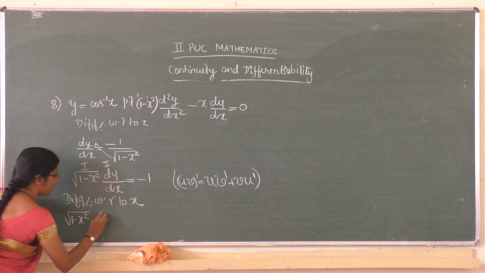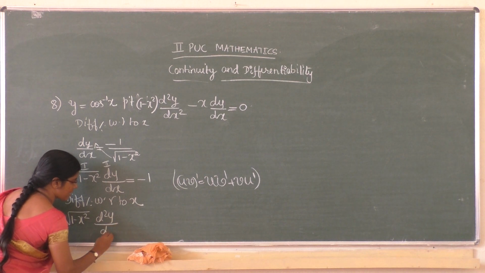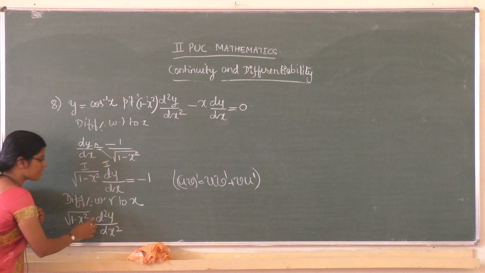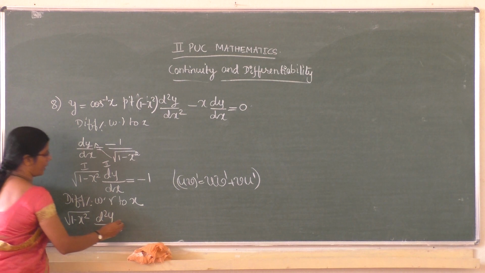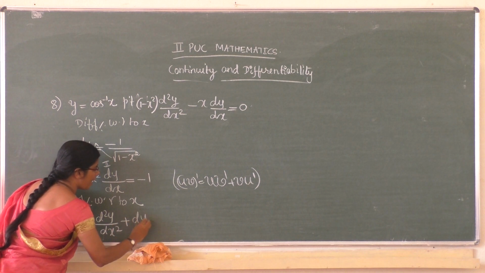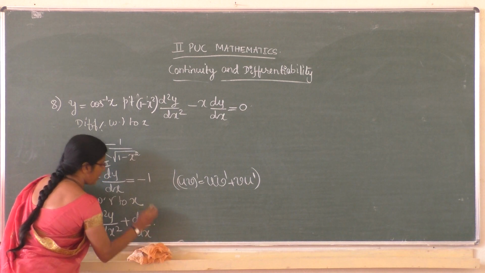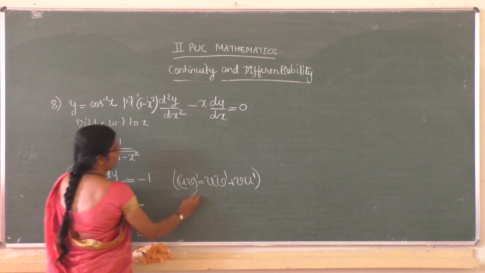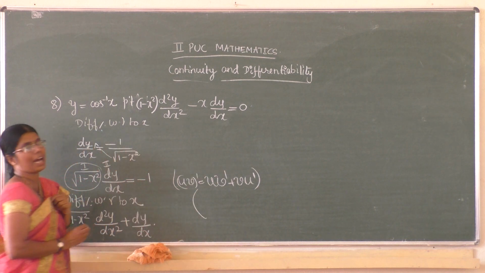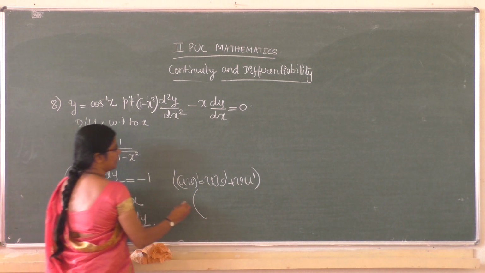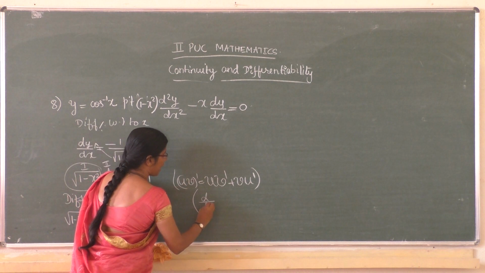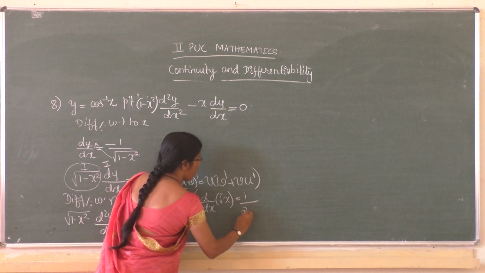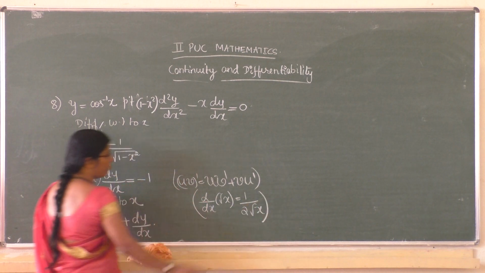So root of 1 minus x square as it is, times the derivative of dy by dx, that is d square y by dx square, plus dy by dx as it is, times the derivative of root of 1 minus x square. Most of the time we have the derivative of root x. In the previous classes we took that function, that is the derivative of root x is always equal to 1 by 2 root x.